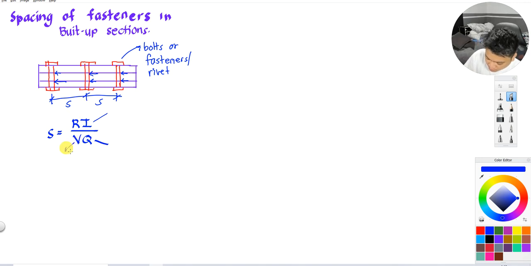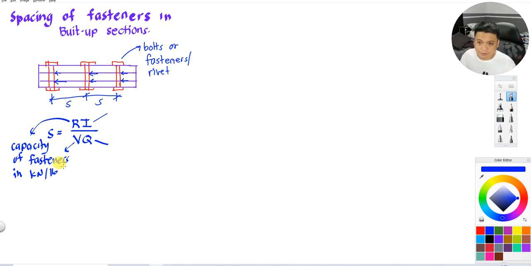And then the shear force. Okay, so shear force on that section, or normally the maximum shear force. And then the R, this is the capacity of fasteners. It's either kilonewton or pound. Okay, so dapat siya force. Okay, so RI over VQ.